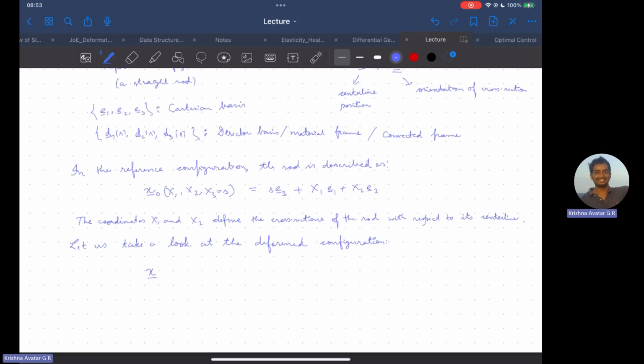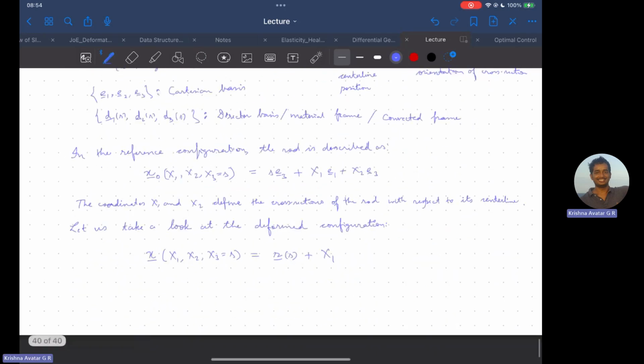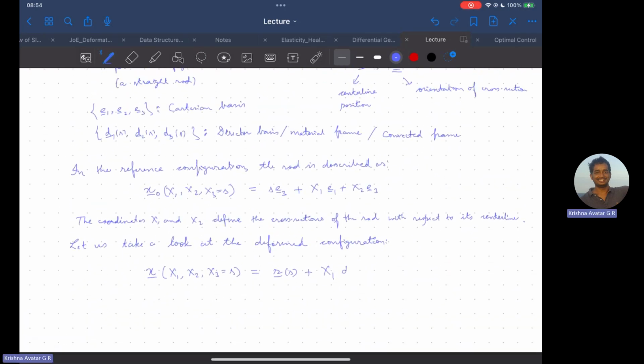Then X vector of X1, X2, X3 is equal to, since X3 is S, we are mapping all these points, R vector of S, the position vector of the center line, plus X1 D1 of S plus X2 D2 of S.